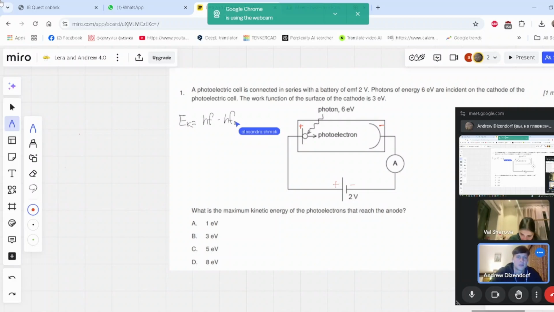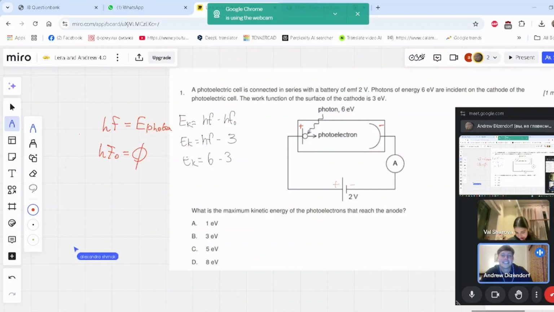So 6 minus 3 equals 3. Okay, we know the initial kinetic energy is 3 electron volts. This is the initial kinetic energy, right? So these electrons possess this kinetic energy in the beginning, right here, at this point when you just ejected this electron.